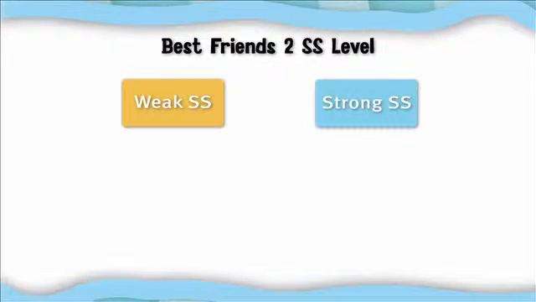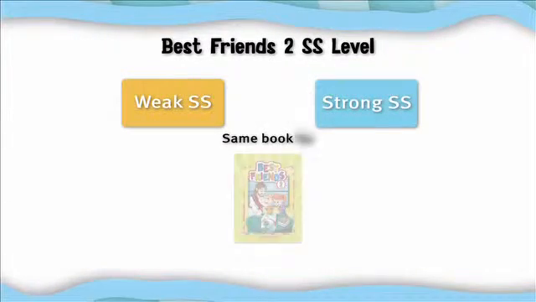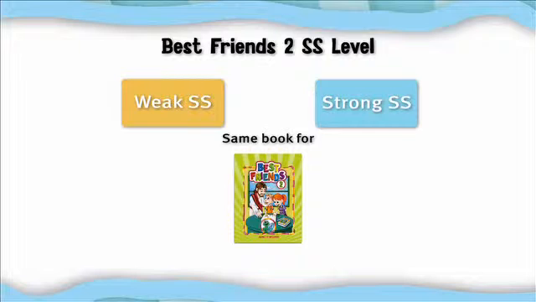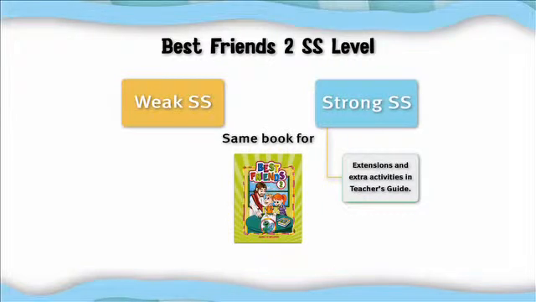So, as the authors of the book, we recommend using the same book in both groups. In which way? With weaker students, teachers should follow the student's book and the core syllabus, and with strong students, they should follow the student's book plus all the activities, games, and extensions that have been designed and provided in the teacher's guide.